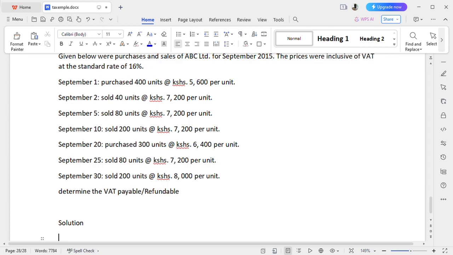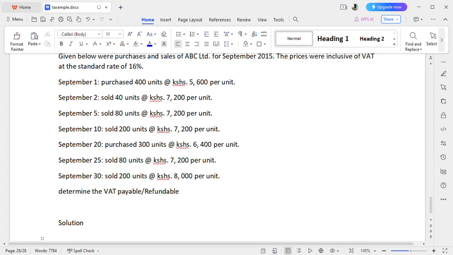September 20th, purchased 700 units at shillings 6,400 per unit. September 25th, sold 800 units at shillings 7,200 per unit. September 30th, sold 200 units at shillings 8,000 per unit.